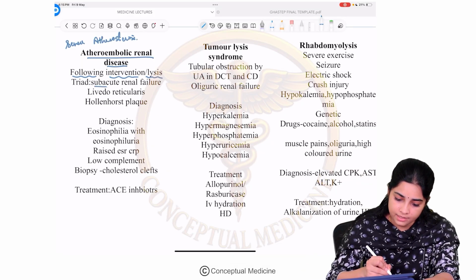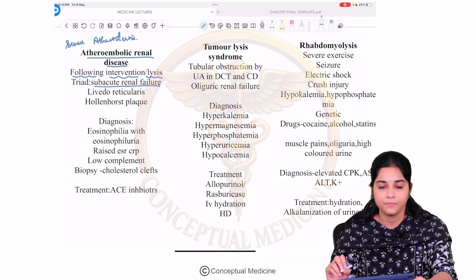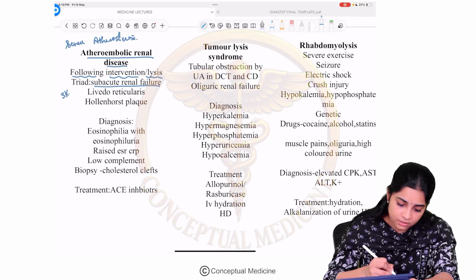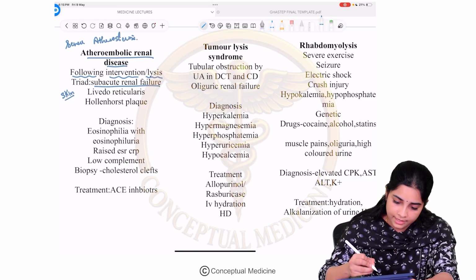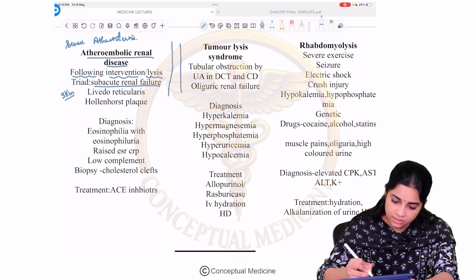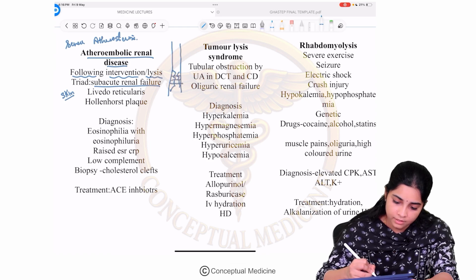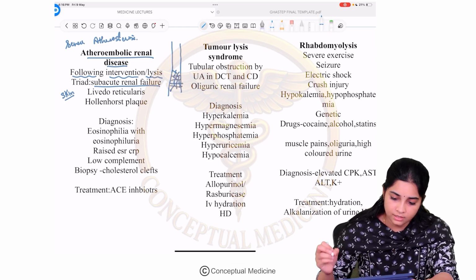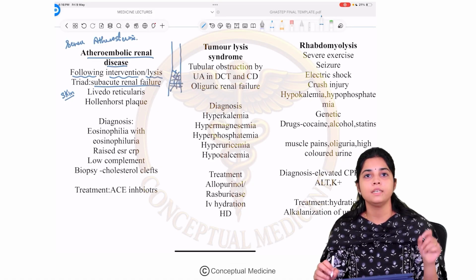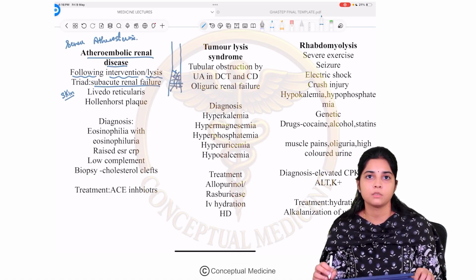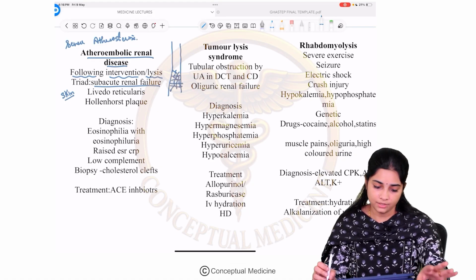So the triad is subacute renal failure, and the hallmark skin change seen is a lacy pattern on the skin, which we call livedo reticularis.